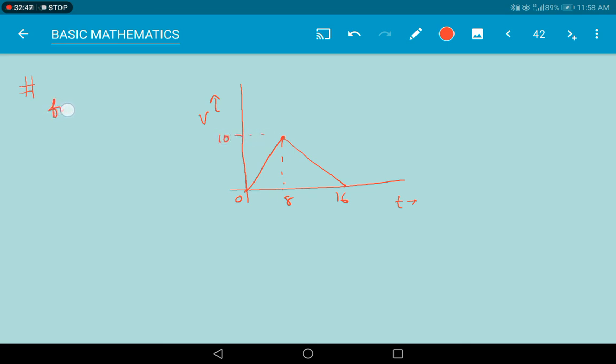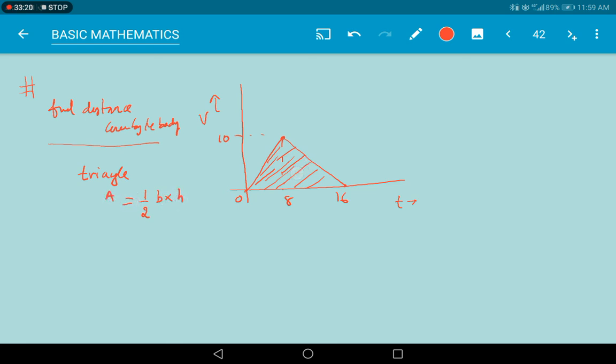They are asking to find the distance covered by the body. So distance covered by the body is nothing but the area under the graph. What is the shape of this graph? The shape of the graph is a triangle. So what is the area of the triangle? Half into base into height is the area formula.